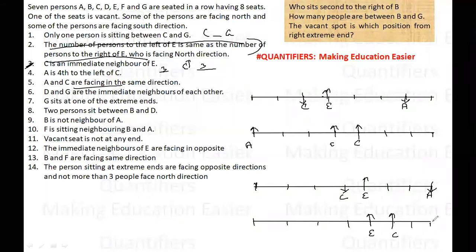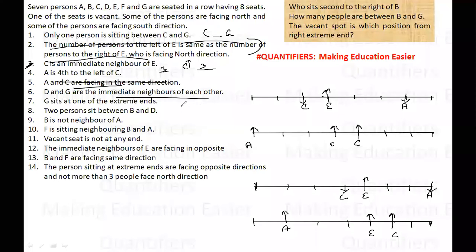In this case, A cannot come here. So for 1, 2, 3, 4, A will come here, and direction is the same. So this is what I can conclude about A from this point. These are the 4 possibilities I'm running.